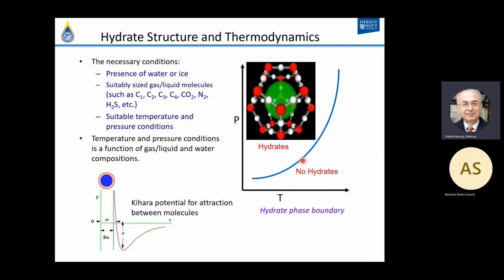And this is probably the first thing that an engineer will do. To the left, we have hydrate. To the right, we don't have hydrate. So we need to find out this curve first.